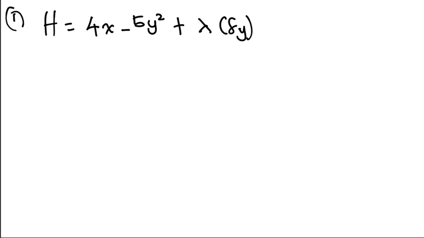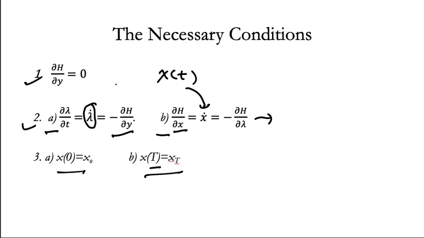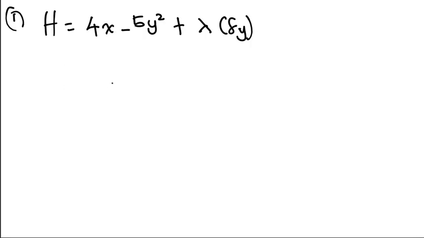Now, let's go back to the necessary condition, the theory. You must find number 1, delta h over delta y, and equate it to 0. So the first condition, A, delta h over delta y. Before you equate it to 0, you need to differentiate it. So differentiate as usual.